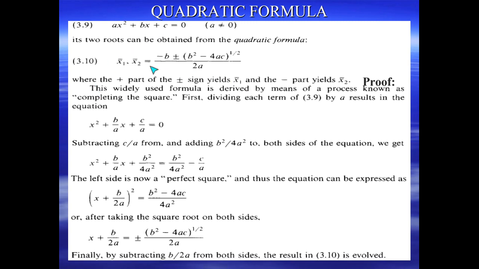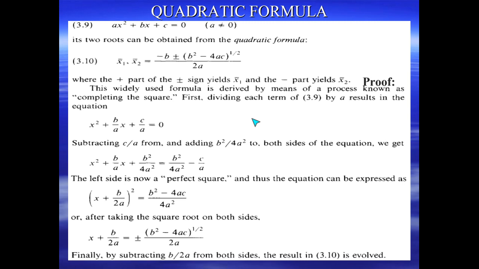All right. The minus b plus part gives one solution, minus b minus part gives the other solution. So each time you obtain two solutions. Sometimes these two solutions can be equal. You obtain one solution by both sides as well. So let's prove it and see that it's really the solution.